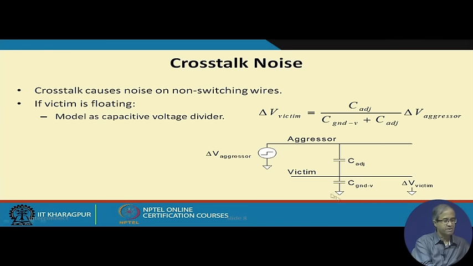If you do a simple circuit analysis, you can easily see that the change in voltage here will be, with the two capacitances in series, like a capacitive divider, C adjacent divided by C ground plus C adjacent, multiplied by delta V aggressor. So, the larger the value of C adjacent, the more will be the effect, but if C adjacent is very small, then delta V victim will also become small, right. Okay.